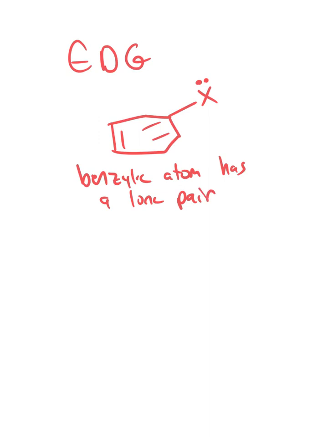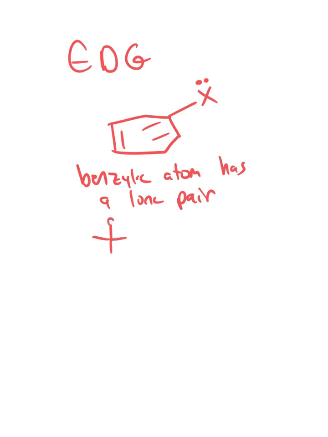Okay, the atom right off the ring, it doesn't have to be a carbon, it could be an oxygen, a nitrogen, whatever, has either a lone pair or a lot of electrons off there. The one example that doesn't have a lone pair is if you have like a t-butyl group.